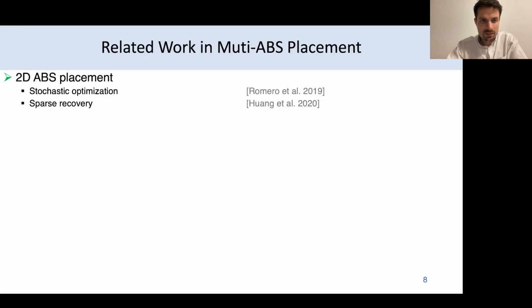In this context, there have been a large number of works. Some of them consider 2D placement. That means that the height of the UAVs is fixed beforehand, so they only need to optimize their 2D location on a horizontal plane.